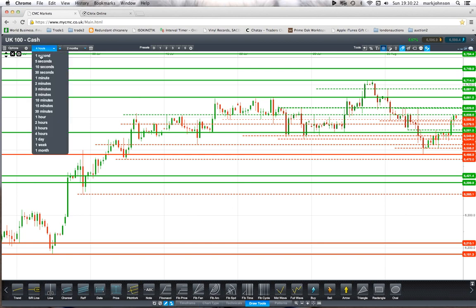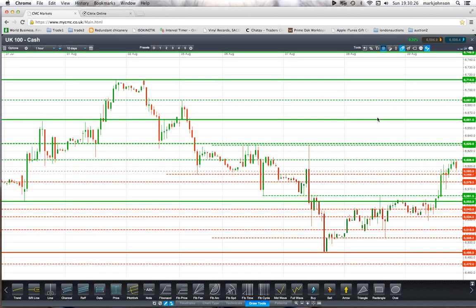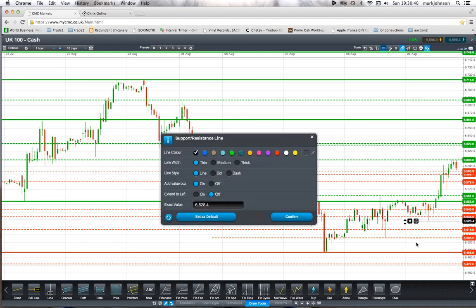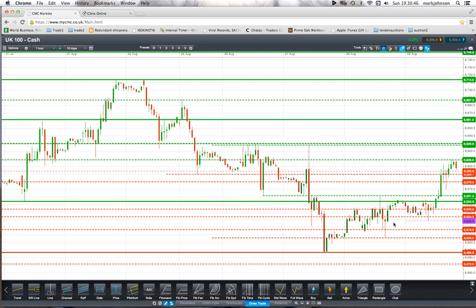Now, as I trade during the week, I'll go back to an hourly chart. And any significant highs or lows that happen in the week, I actually put on, I'll just do one. So that one there, and I will put that in a different colour. There.